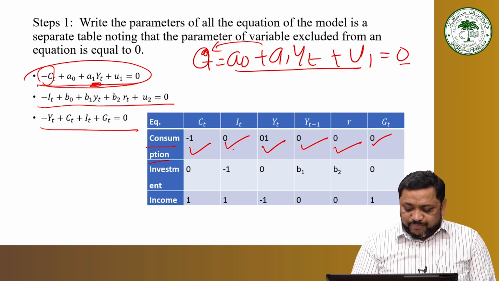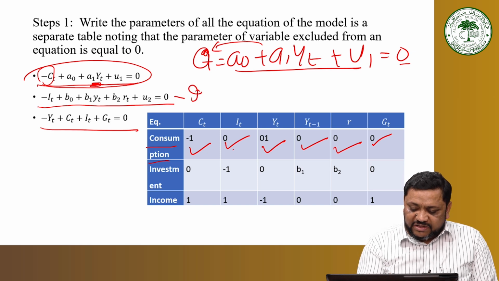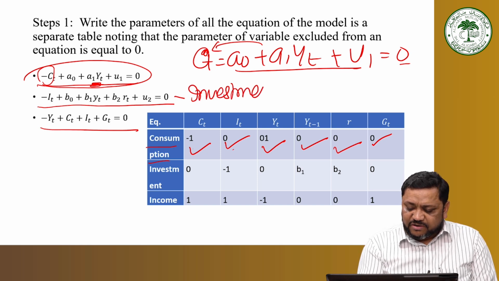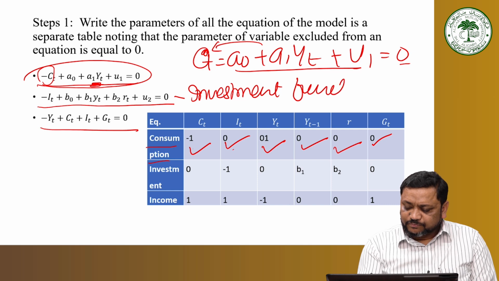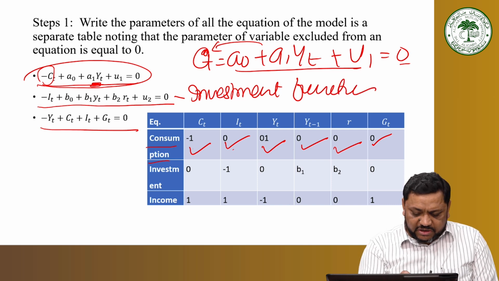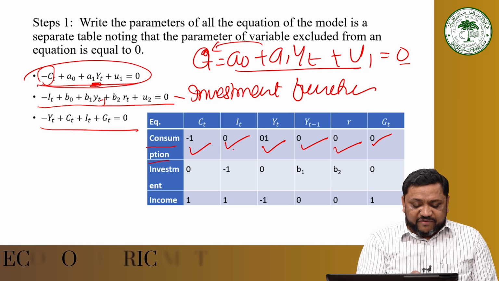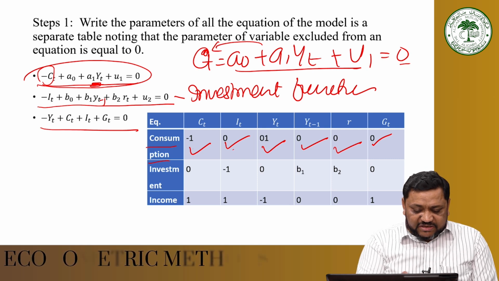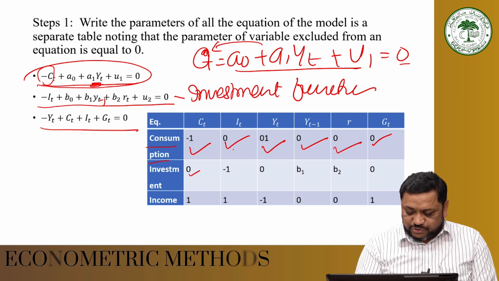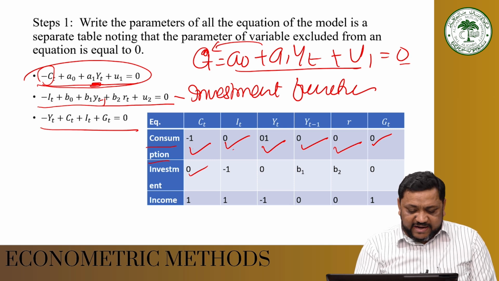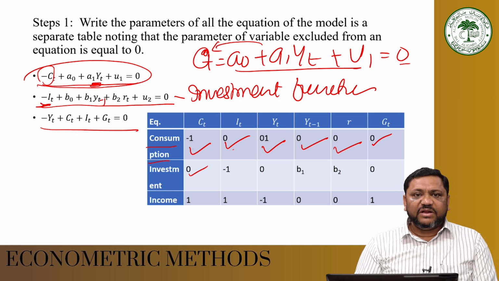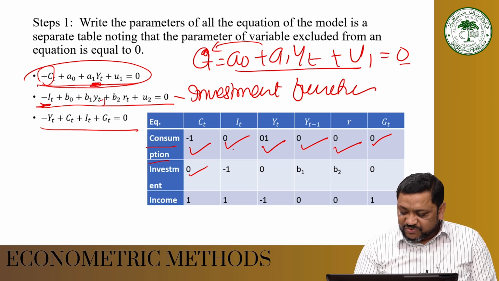The next one is the investment function. Please note a correction: it is minus 1 here. In the investment function, is there any C_t? No, there is no C_t, so we write 0. Is there any I_t? Yes, I_t is there and it has a minus 1 sign.